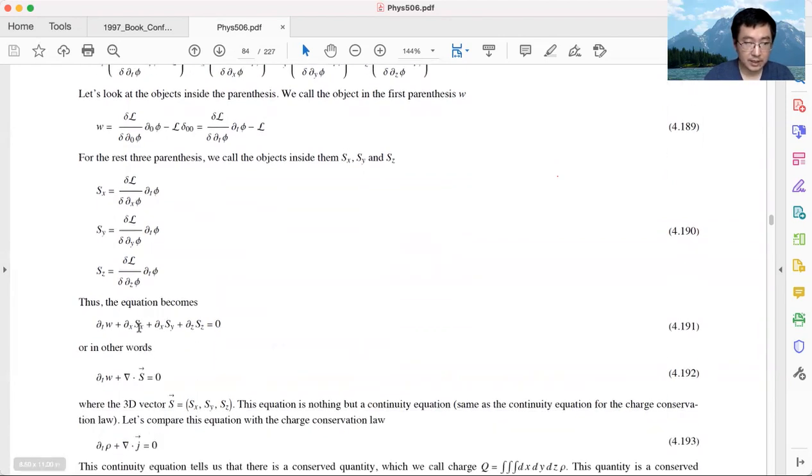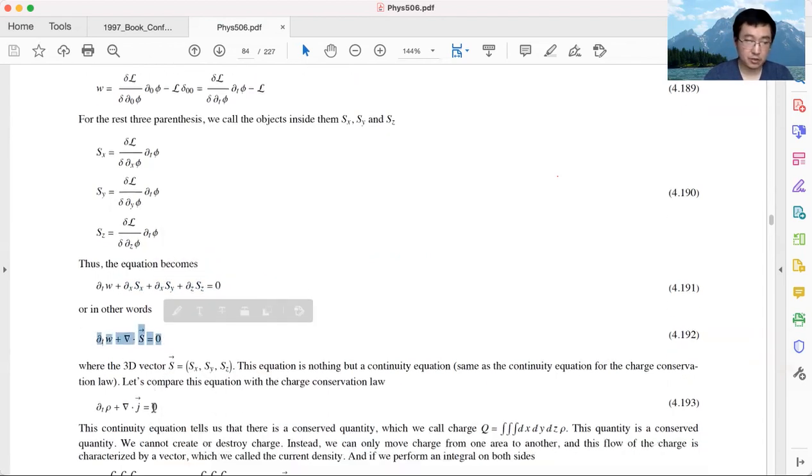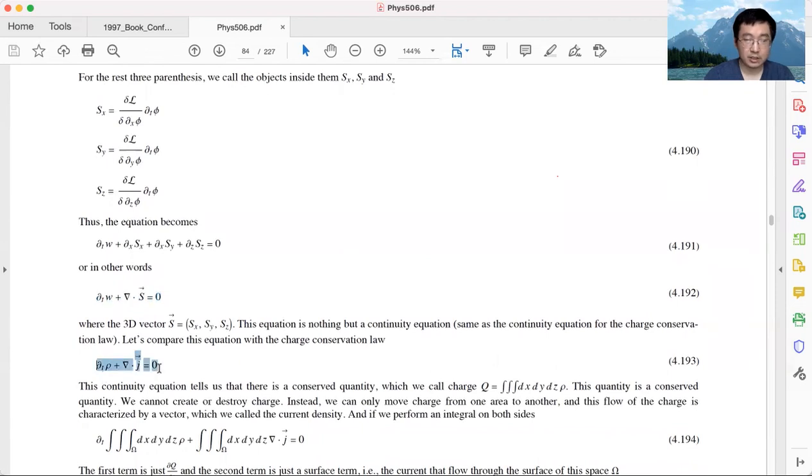Let me define Sx, Sy, Sz together as a 3D vector S. If I define these three quantities as a 3D vector S, then I can rewrite the last three terms as the divergence of S. Now this equation is exactly the same as the continuity equation. Charge density now becomes W, and current density now becomes S.